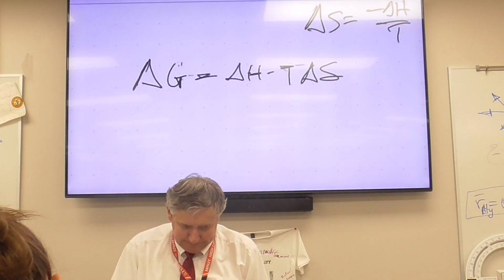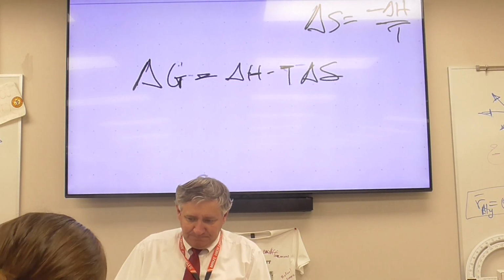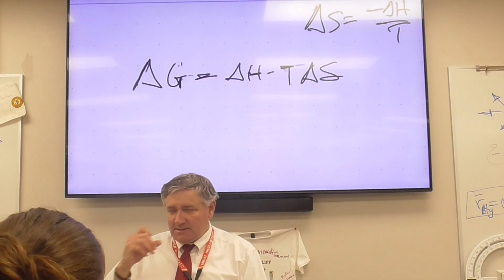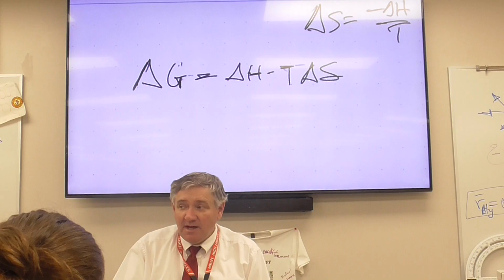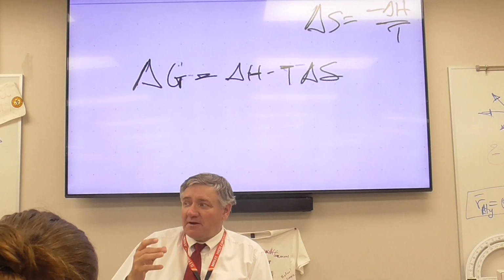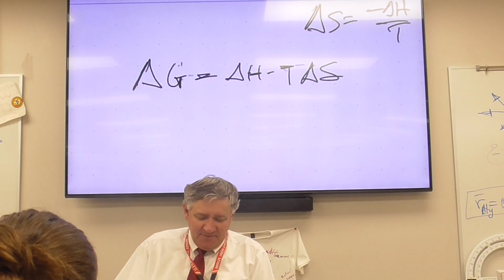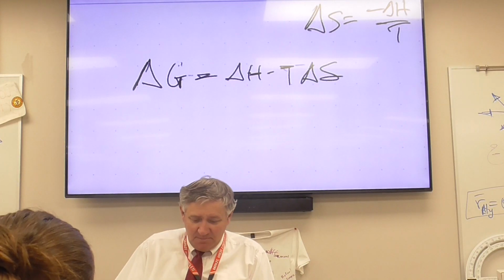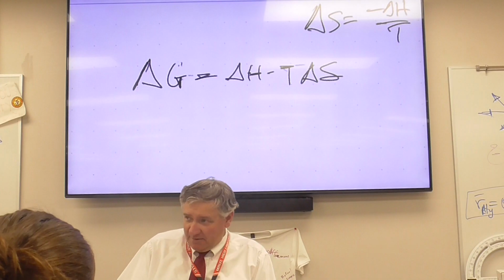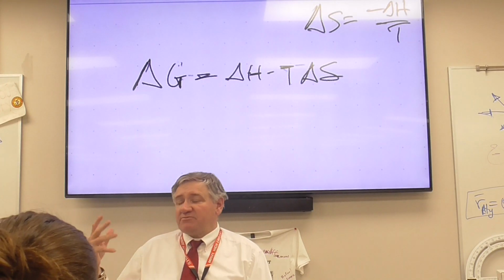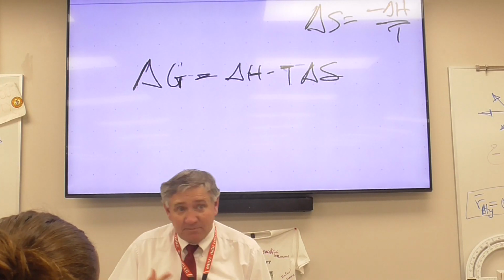Now, here's the downfall of this in terms of being able to do actual measurements. Again, you don't have Gibbs free energy probes, we don't have enthalpy probes, we don't have entropy probes. What we can do is, for example, on entropy, we can make observations.